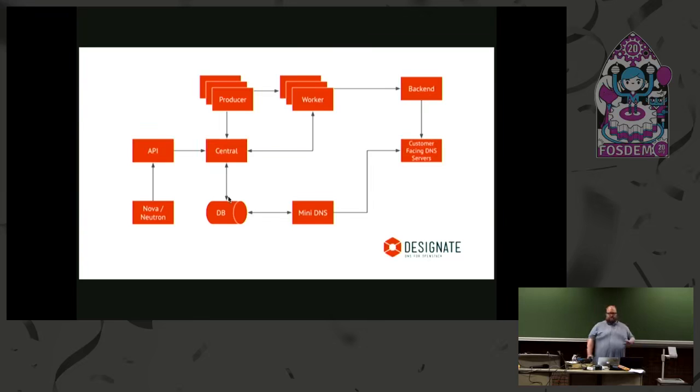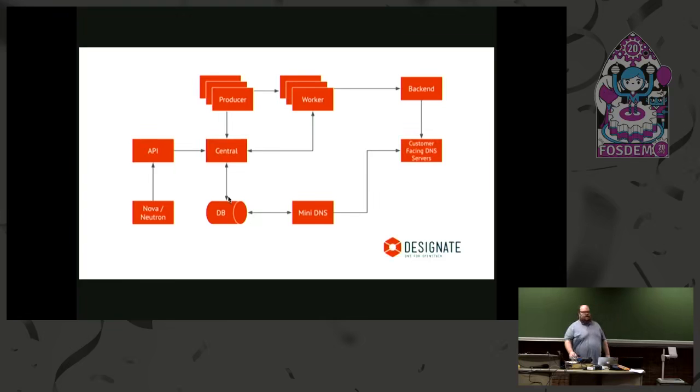The API is the main interaction point for both end users and other DNS components, other OpenStack components. So we have quite a tight integration with the OpenStack networking service, which allows people to set reverse DNS entries for public IP addresses supported by the OpenStack networking, and for users to create DNS names automatically.